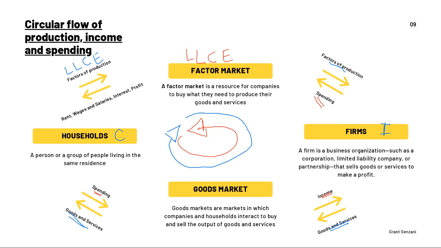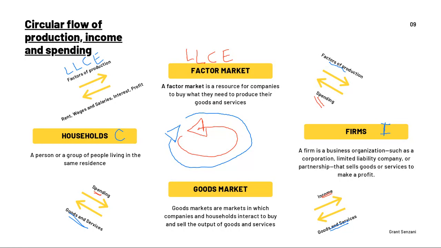Hi, I just wanted to ask. You said income goes anti-clockwise, right? Yes. So does that mean, wait, can you explain how each works? So then spending is clockwise. Sorry, apologies, it's the other way around.